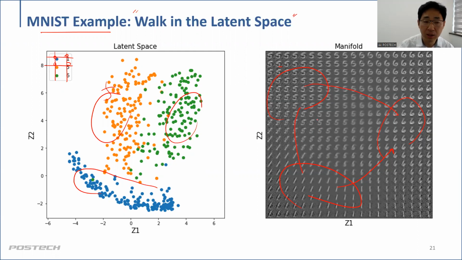That's why we want to walk in the latent space, to see smooth transitions. That's another thing that we can try if we do have a latent space. Okay, that's all I have for autoencoders, and I will stop recording.